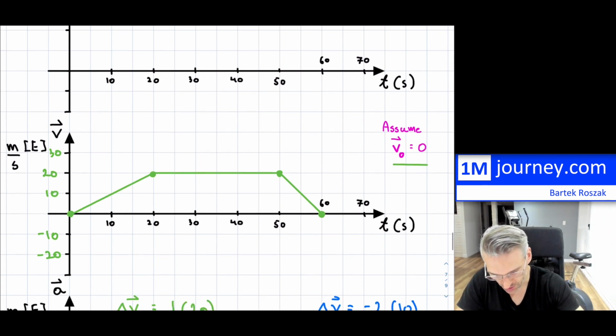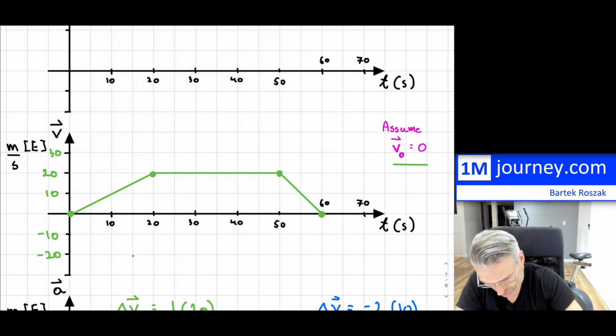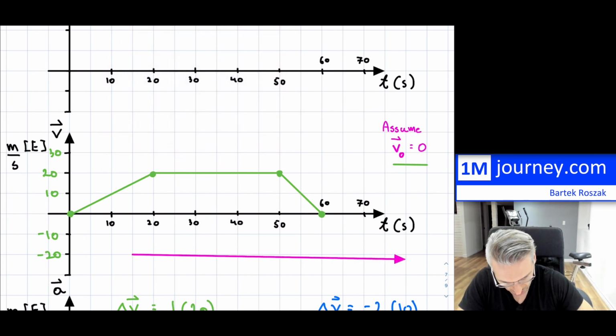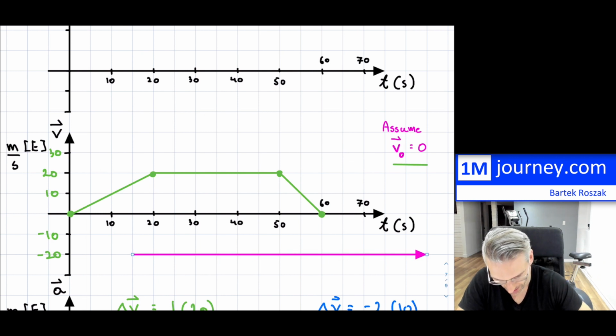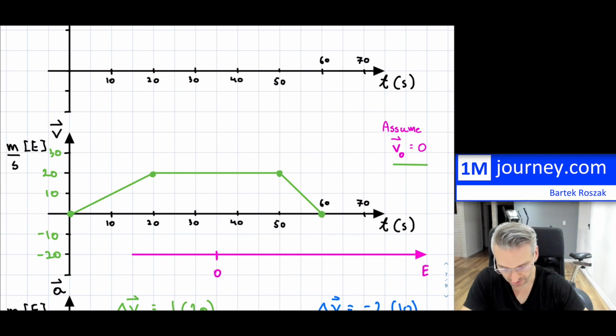And again, what I'm going to do here for myself is just draw this out. This is the east direction, and let's imagine that this is going to be 0. So this is going to be my position, right? So in terms of the displacements that I have, this is what I'm going to be looking at.